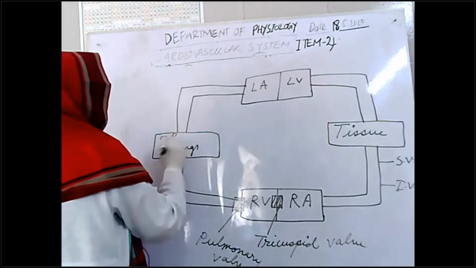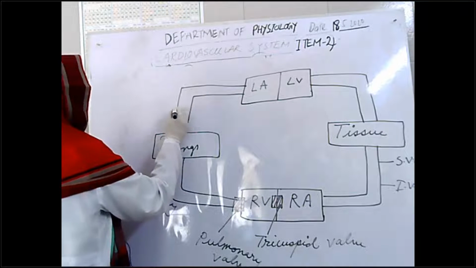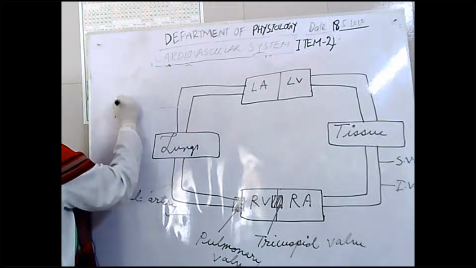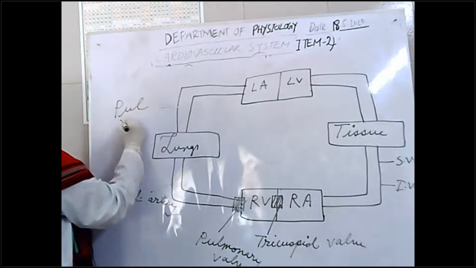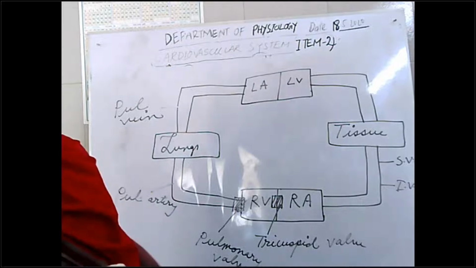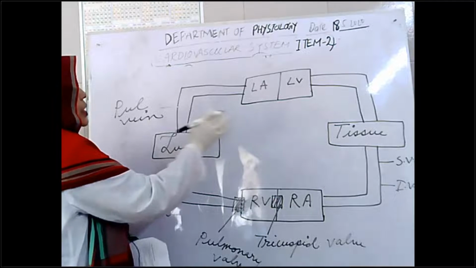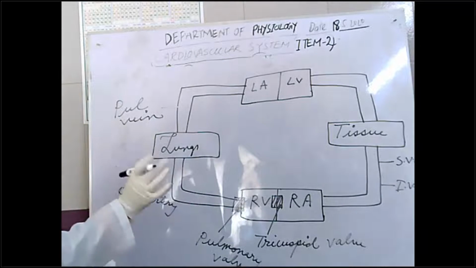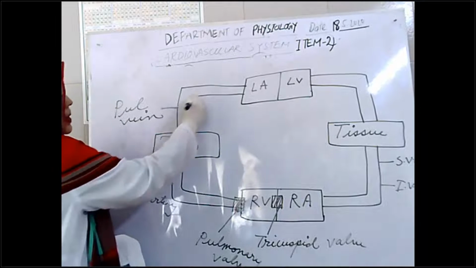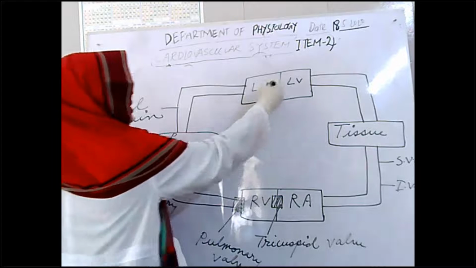From lungs, after oxygenation, blood comes to the left atrium through the pulmonary veins. On both sides there are 2 pulmonary veins, a total of 4 pulmonary veins. Through the pulmonary veins, blood comes into the left atrium.